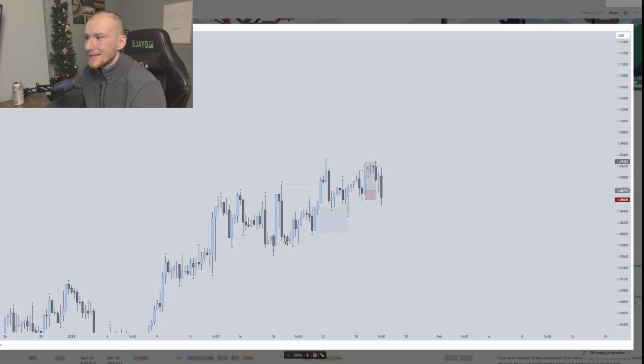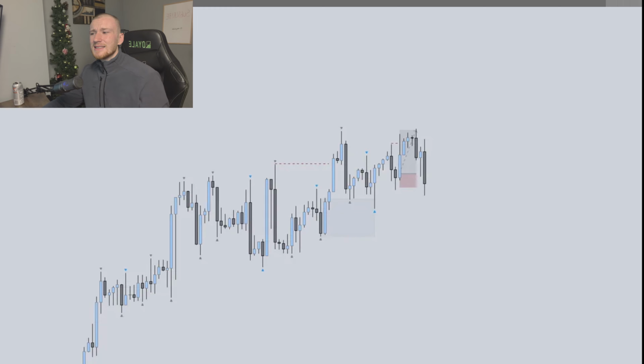That would be my demand if I was marking out my POIs. Price should have come back down and then expanded higher, but I have taken the most recent demand that expanded higher. Still, it makes sense to think that that would be the low as it caused the expansion, but it's not always the case.